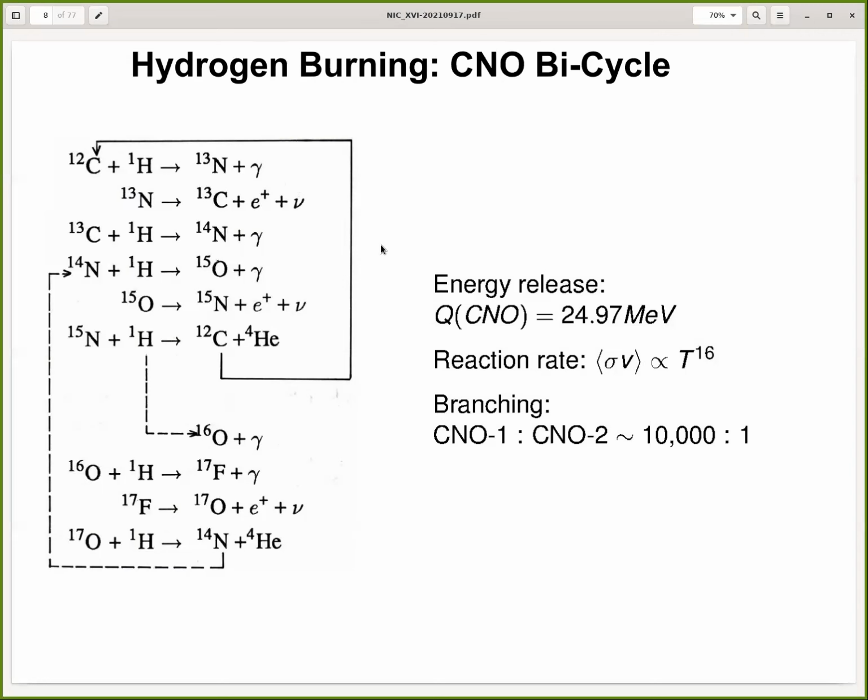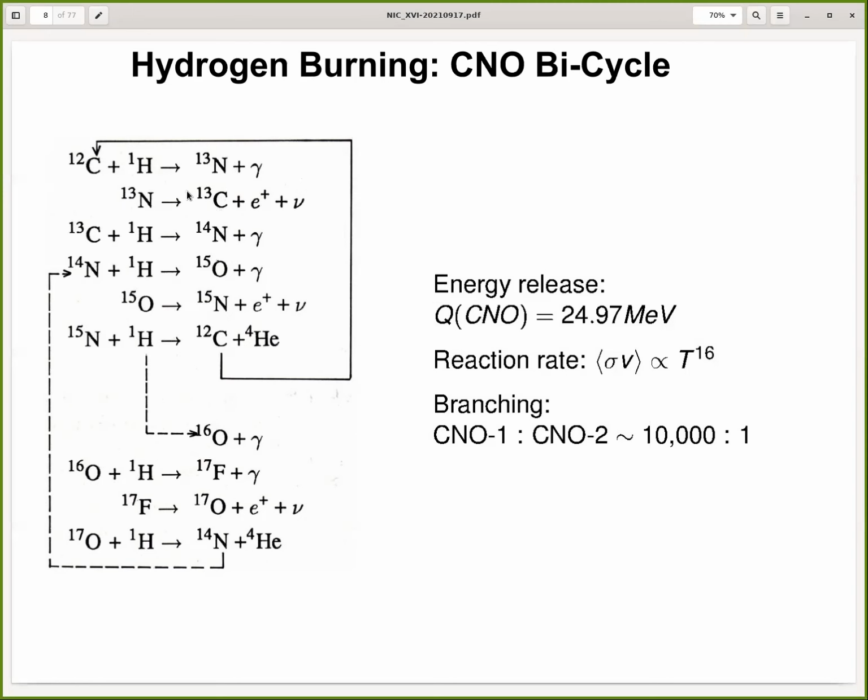So what is that main cycle? We have carbon-12 capturing a proton, making nitrogen-13, which is radioactive. And so it decays, making carbon-13 and releasing a positron and a neutrino. So again, here we lose some energy. Next, this carbon-13 can capture another proton, making nitrogen-14, releasing some energy.